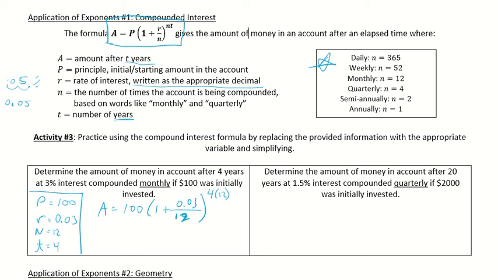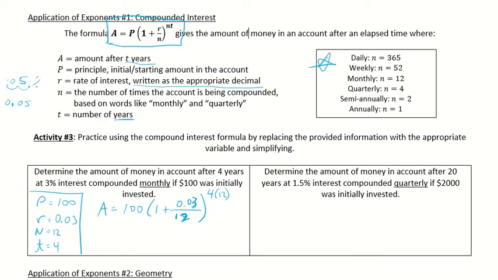Now, the interest is 3% annually. So every month, they won't calculate 3% and offer that interest rate. They're going to offer 1/12 of that interest rate of 3%, which is why we divide the interest rate by N. So over the year, we'll separate 3% and distribute that throughout.